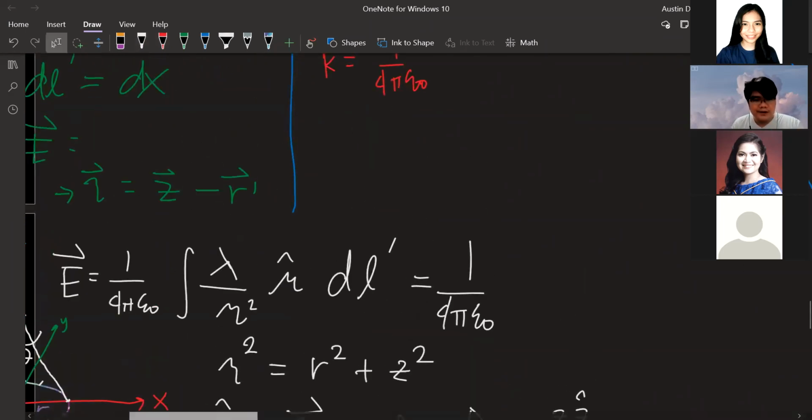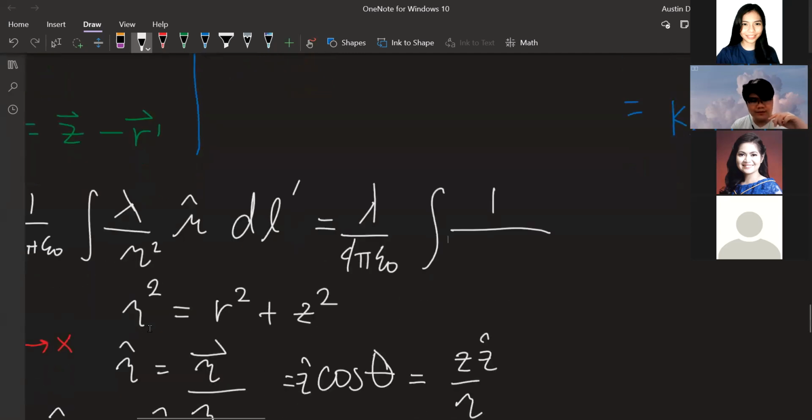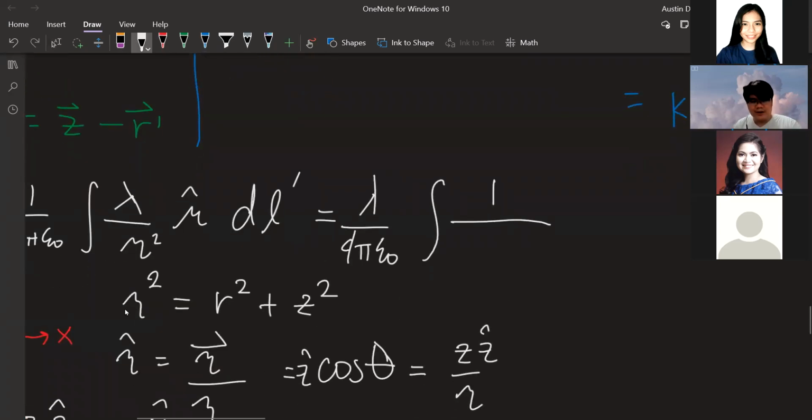Okay? And then, we have lambda, which is constant. So, let me take that out. Let me write this as lambda. And then, yung 1 over curly r squared mo will be r squared plus z squared.